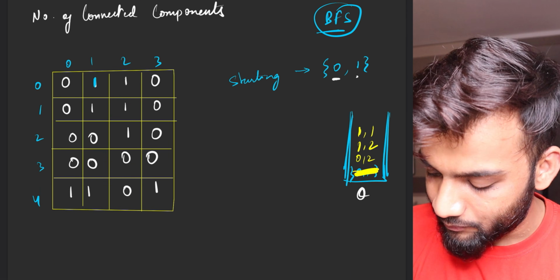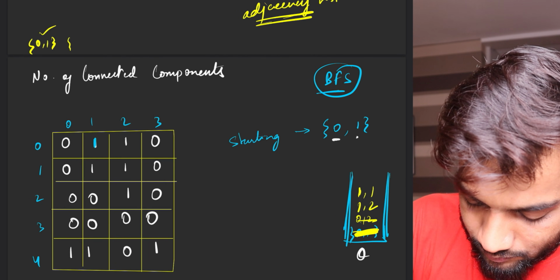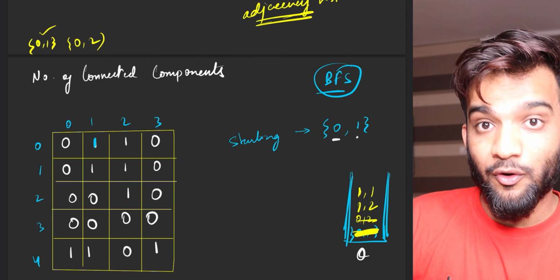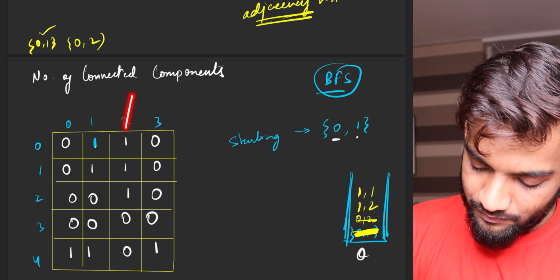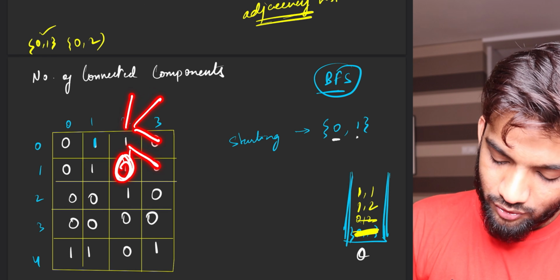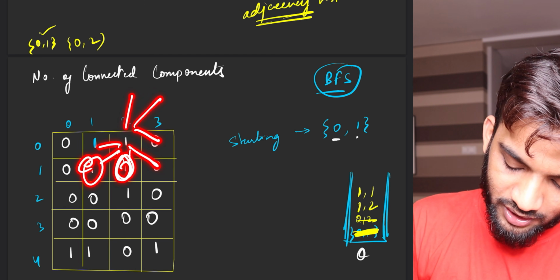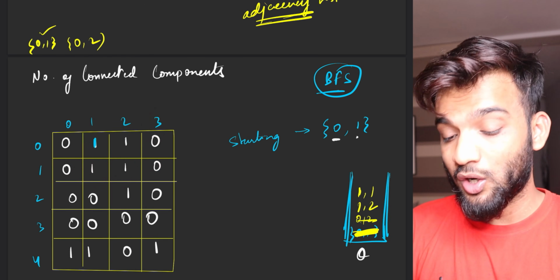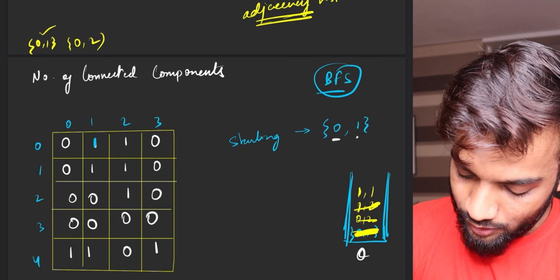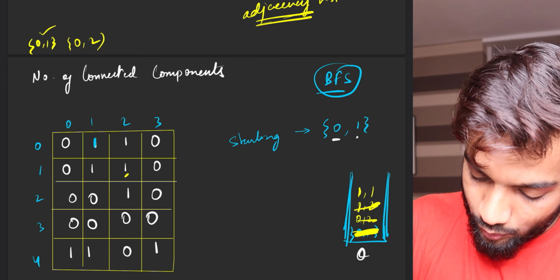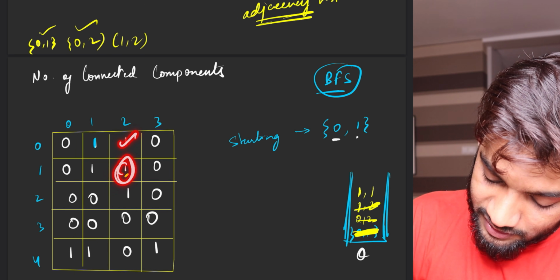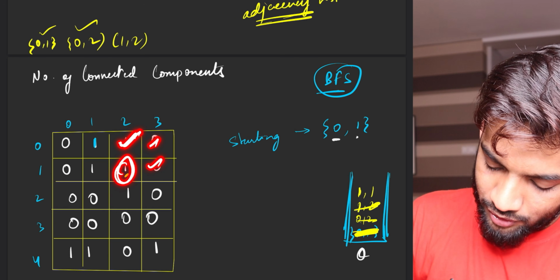Let's pick up the next guy, which is 0, 2. Now who is 0, 2? This guy is 0, 2. It checks all its neighbors in the same way. This guy is already visited, does not take, already visited, does not take, already visited, does not take, and does not get anyone. Perfect. Next is 1, 2, which is this guy. For 1, 2, this is visited, water, water, water.